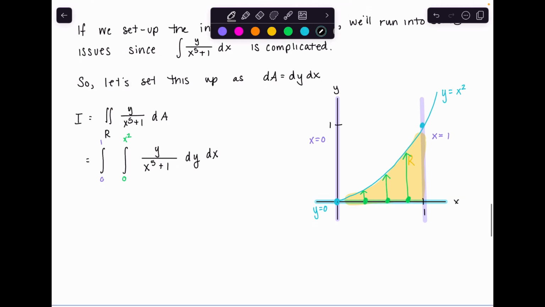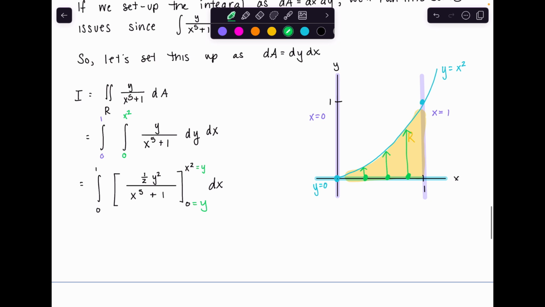So we can go ahead and take our antiderivative now. The x to the fifth plus 1 is treated like a constant. Antiderivative of y is 1/2 y squared. And I want to evaluate y at these bounds. So starting with my upper bound, this would be 1/2 x squared squared over x to the fifth plus 1.